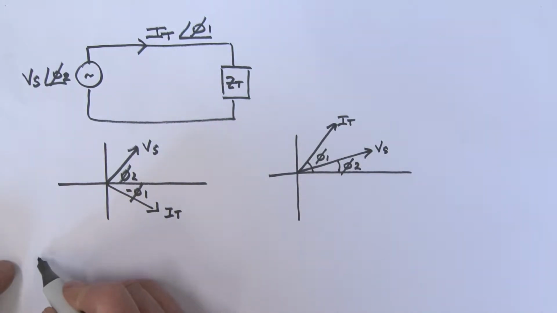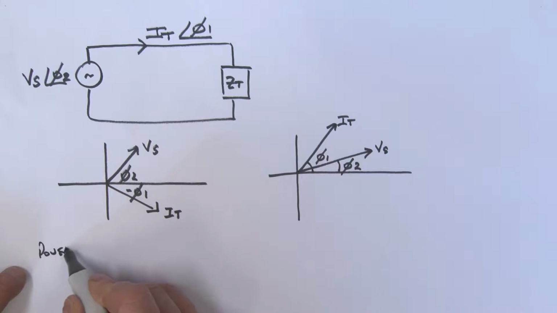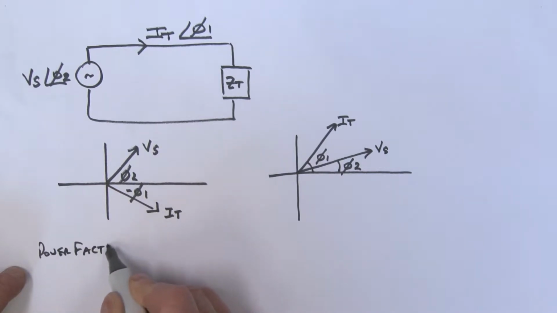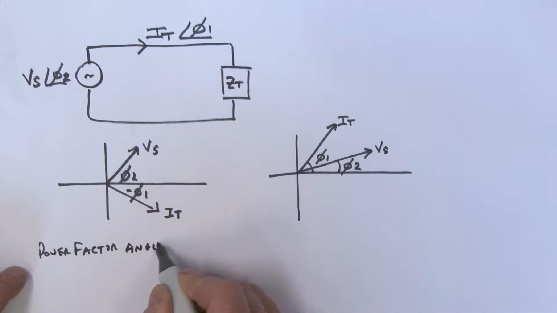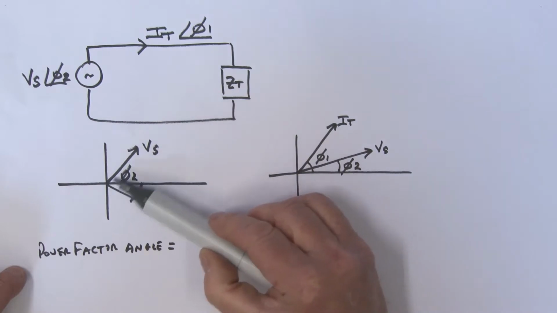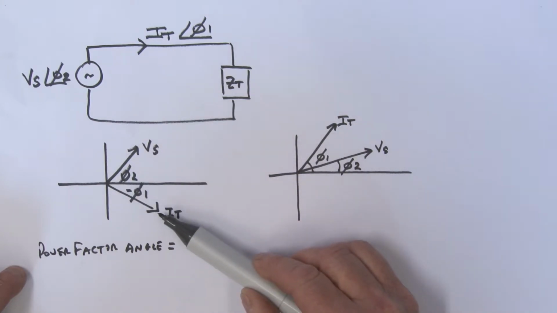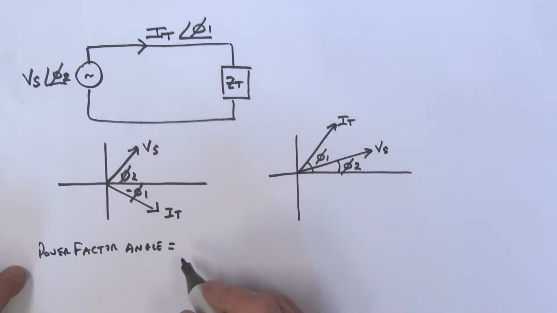We can say that the power factor angle is really equal to what? Well, it's the angle between the voltage and the current, so it's really equal to phi 2.